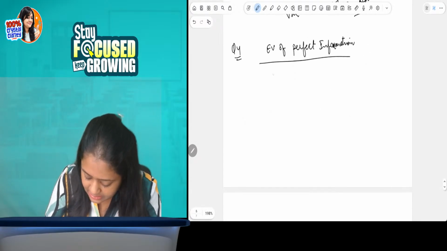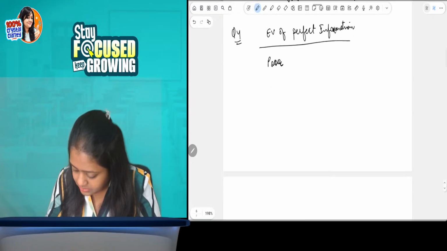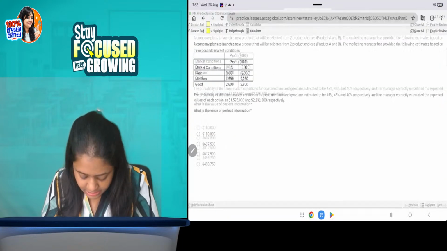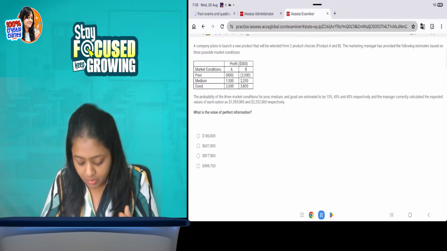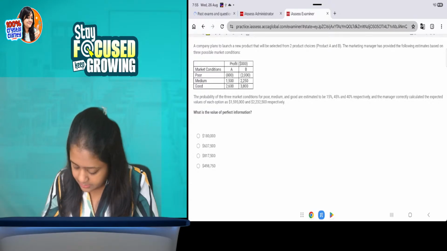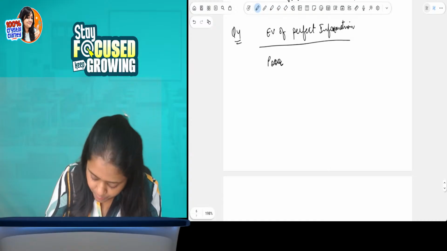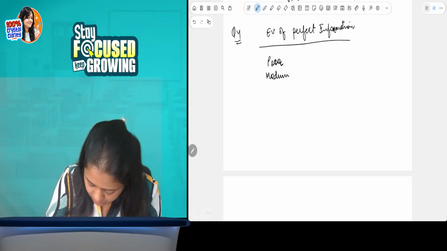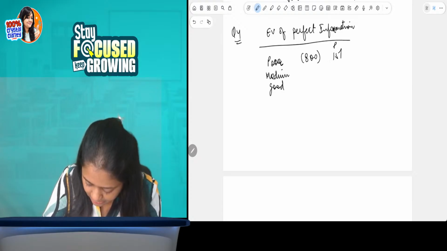I'll have three scenarios: poor, medium, good. In poor, I will go with product A because it is giving me the lower loss, 800. Here I will go with 800 and the probability is 15%.